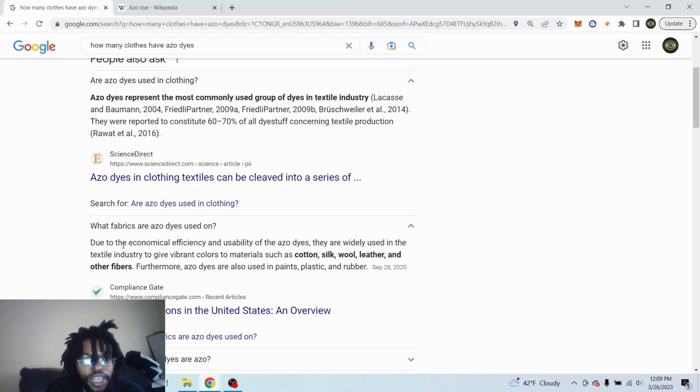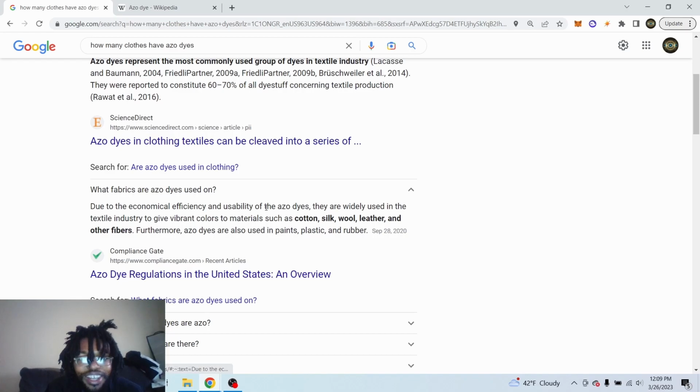So due to the economical efficiency and usability of azo dyes, they are widely used in the textile industry to give vibrant colors to materials such as cotton, silk, wool, leather, and other fibers. Furthermore, azo dyes are also used in paints, plastic, and rubber. That's a lot. I didn't even know that part.